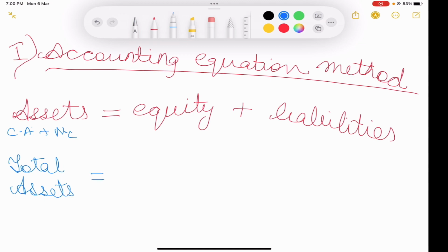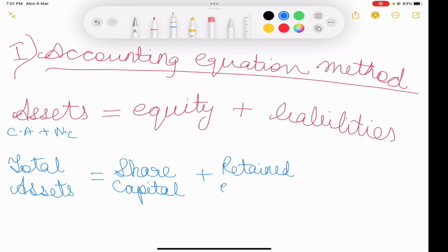Now when we come to equity, what exactly comes inside equity? Equity is the capital of a business, right? So my equity has share capital. We've done this in the previous chapter, the capital finances chapter. The first component of equity is share capital, the money which we raise by issuing shares. Then share capital plus retained earnings.